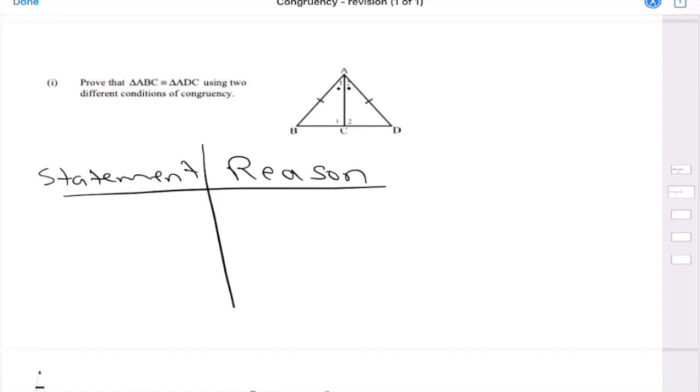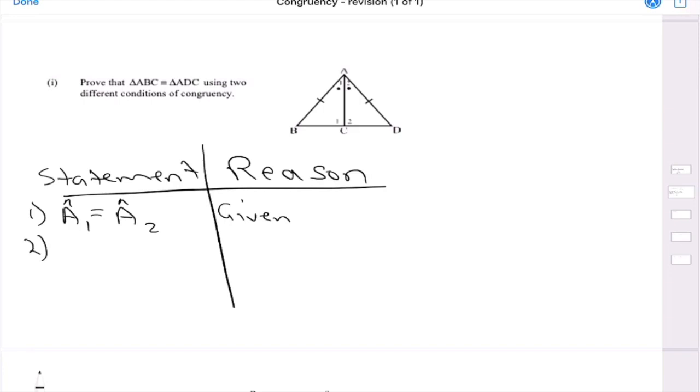So we need to identify any angles that are equal or any sides that are equal. So the first thing we notice from those 2 triangles is that angle A1 is equal to angle A2. We know because this is given.